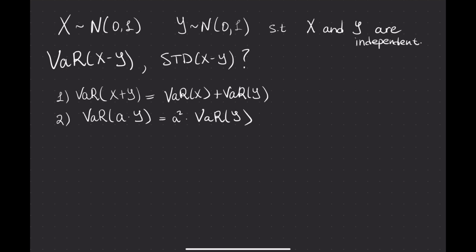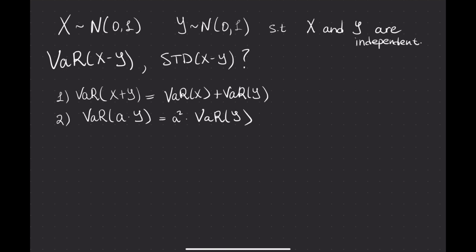Okay, we are not going to prove this property and this one as well. If you don't believe that this is true, you can find several proofs on YouTube. So here you just have to believe that it's indeed true.